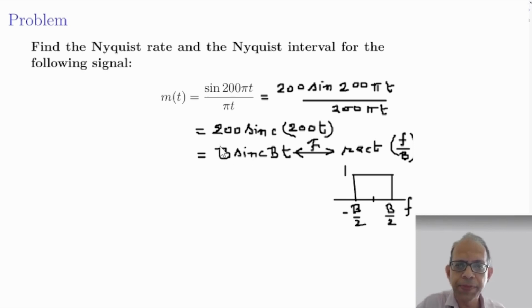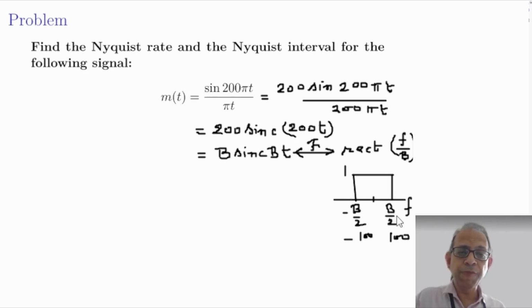Now accordingly, for our signal 200 sinc 200t, the corresponding Fourier transform would be, if we compare, b is 200, so b by 2 is 100, minus b by 2 is minus 100.